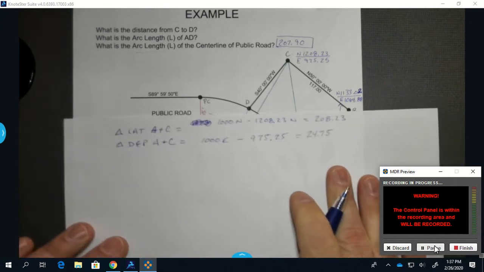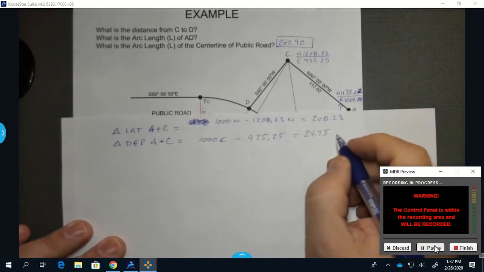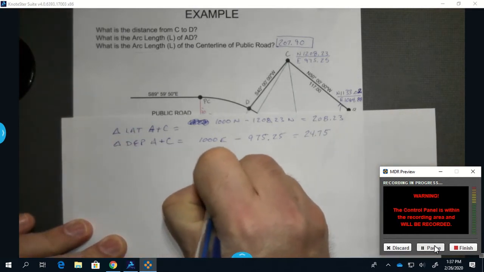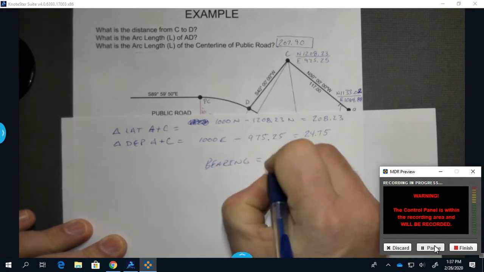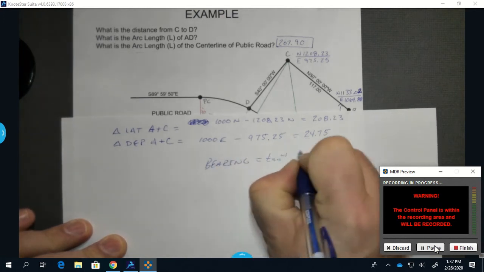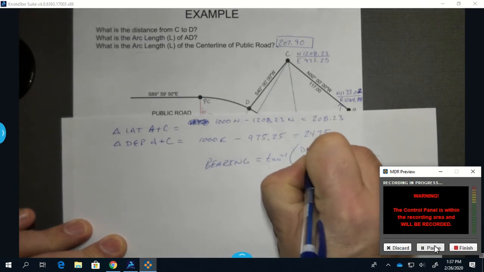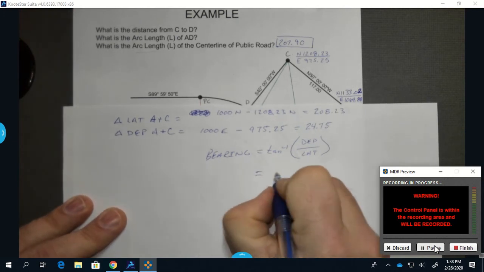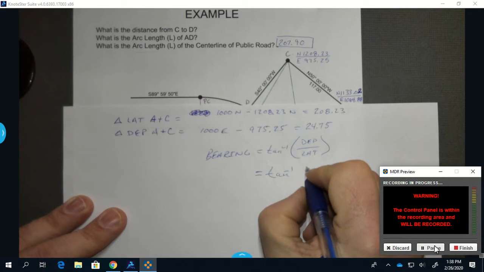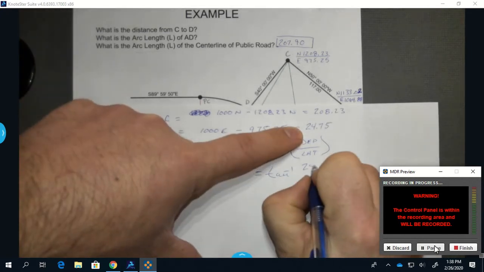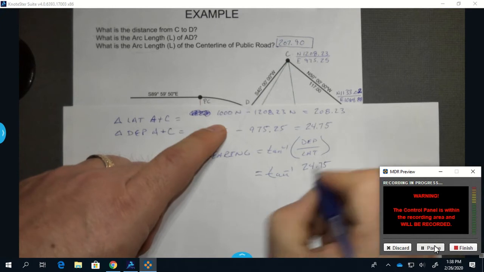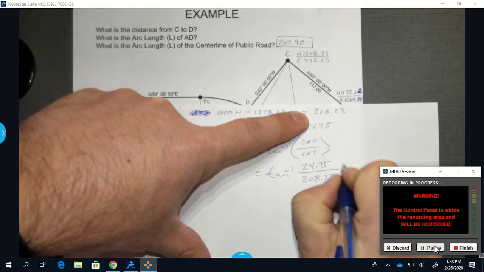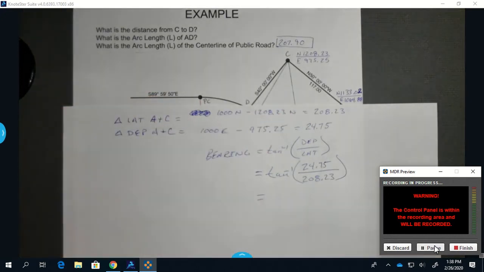So in order to find the bearing with these values, by change in departure and change in latitude, the bearing is equal to the tangent inverse of the departure over the latitude. Okay? So tangent inverse of departure 24.75 over the latitude, 208.23.